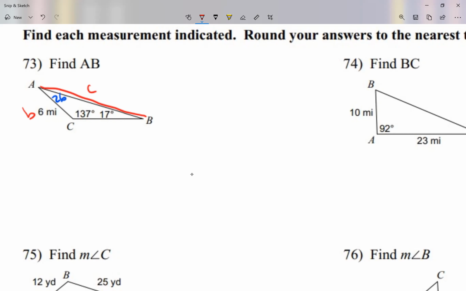So I'm going to say that C over sine of 137. Notice I went C and then sine of angle C equals 6 over sine of 17. Notice I went side B over sine of B, of angle B.